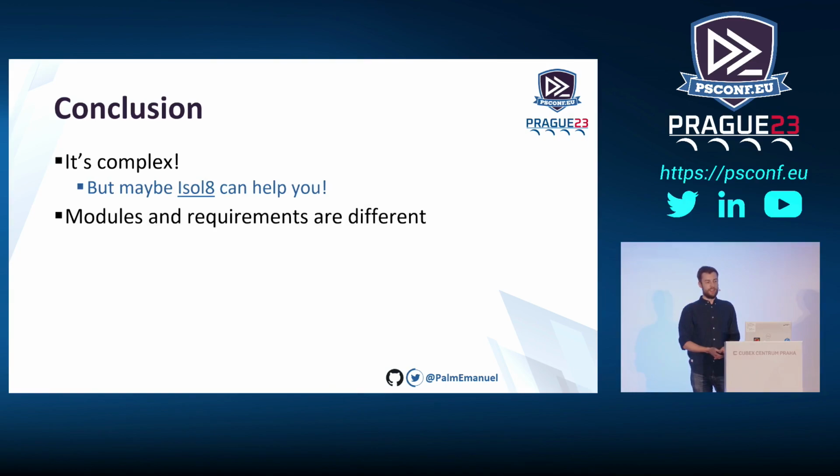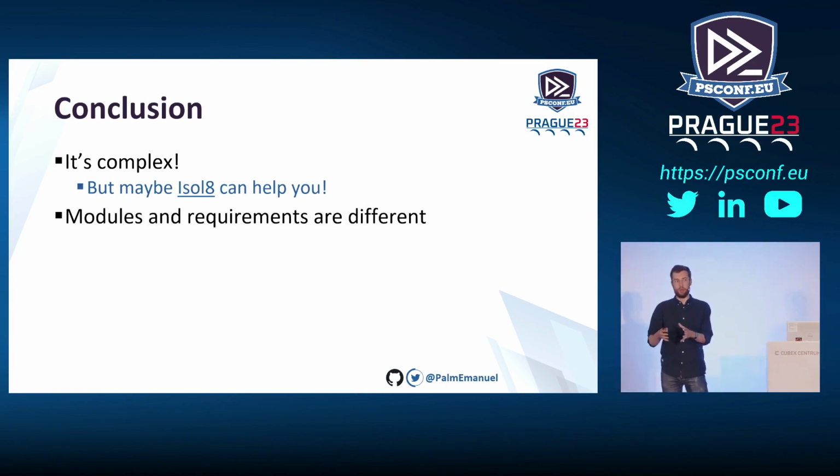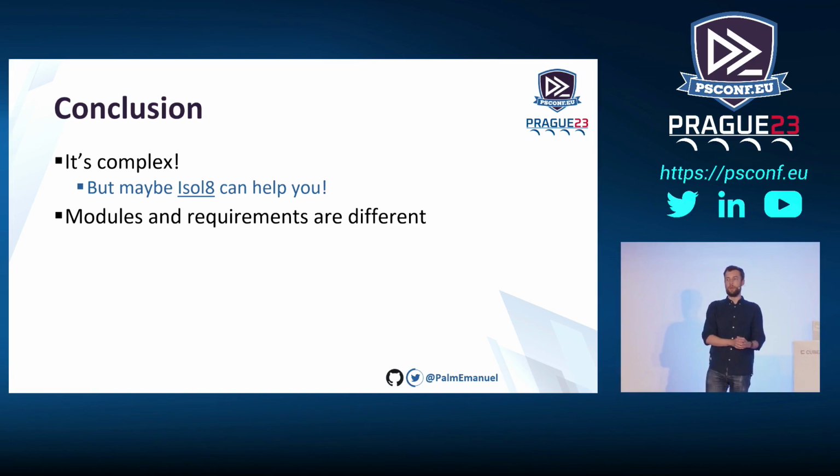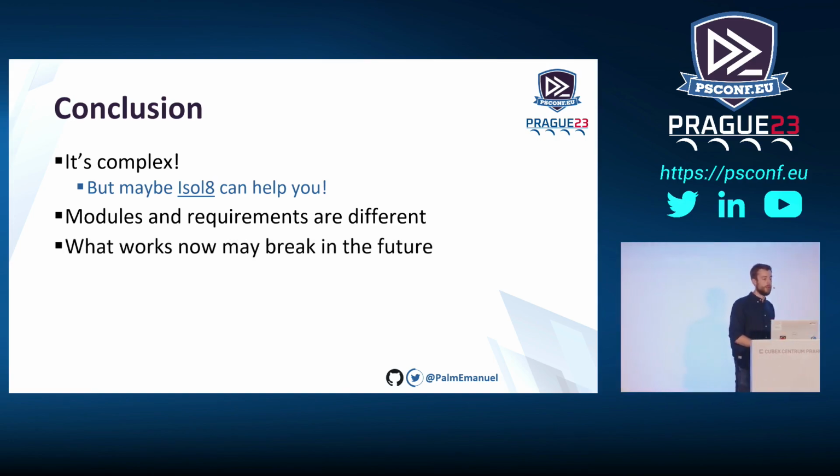But otherwise, modules and requirements are different. We may have to implement the full bridge module thing. We may have to separate all the things and all the references and make sure that no types are leaking from our dependencies. And even then, what works now may break in the future because someone else might upgrade to a higher version and break something that's working right now, or you might be upgrading or whatever.